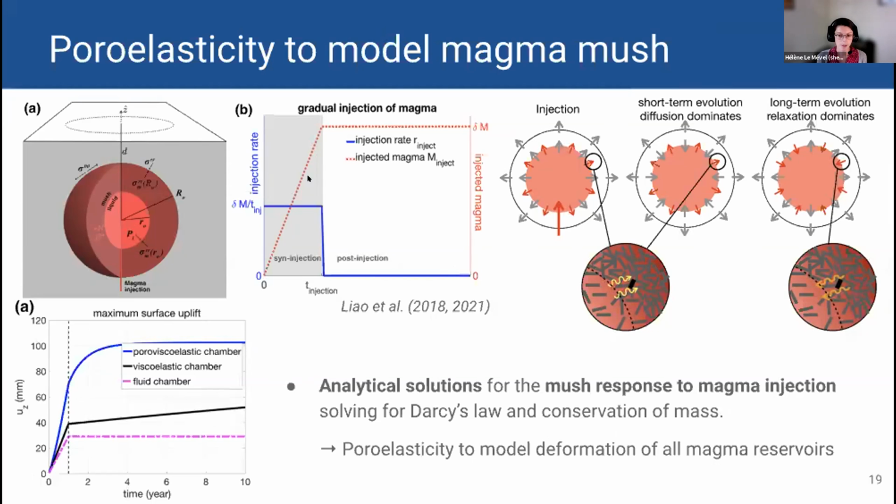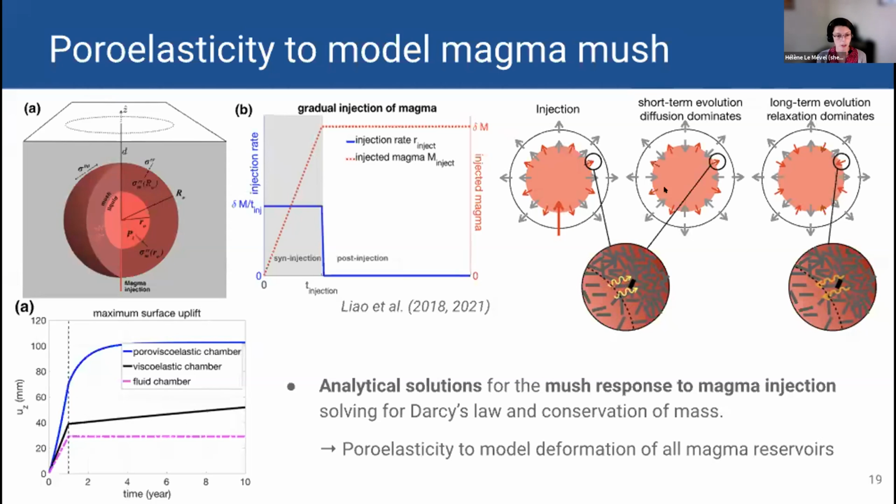Okay, so we can easily imagine that considering the role of mush in the deformation of magma reservoirs is very important for magmatic systems with lots of crystals, such as long-lived reservoirs at calderas, for example. But this framework can also be applied to any reservoir, really, by adjusting permeability and porosity of the different regions that make up the system.